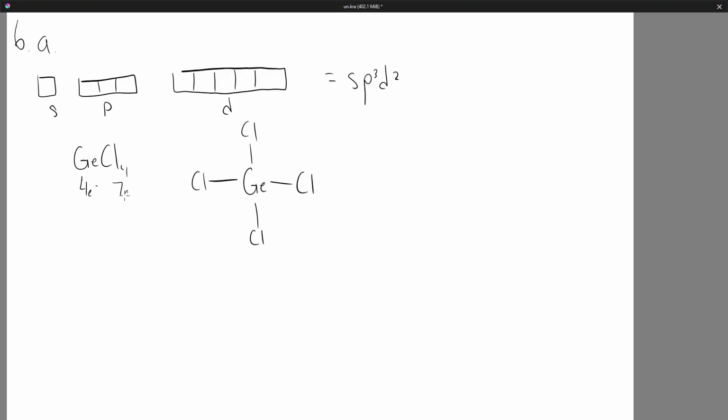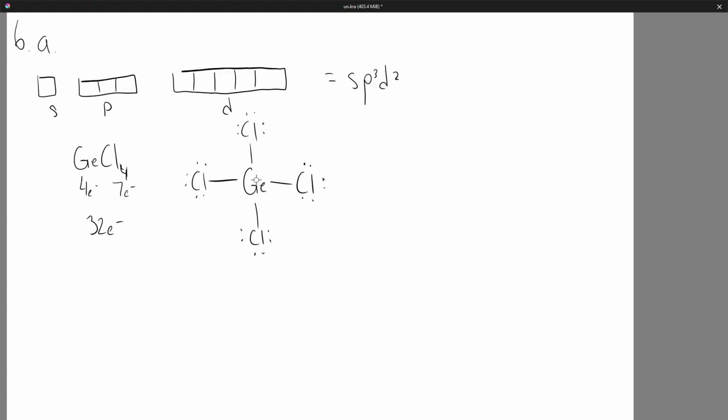Chlorine has 7. Add those up, you get 32 valence electrons you can work with. So we're just gonna fill everything in. And this should be a valid Lewis dot structure.